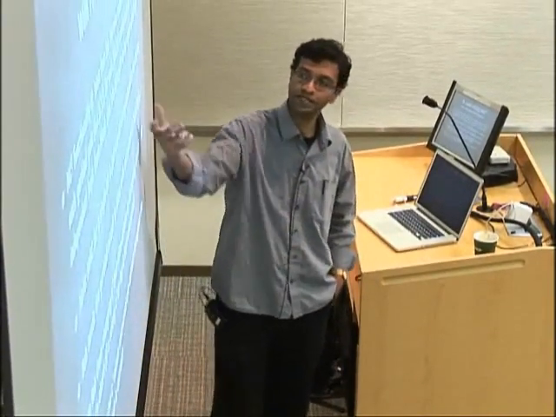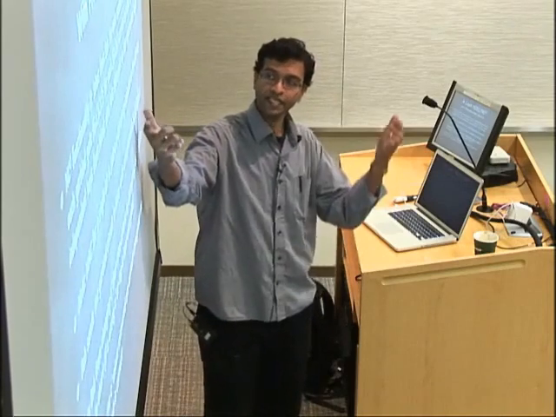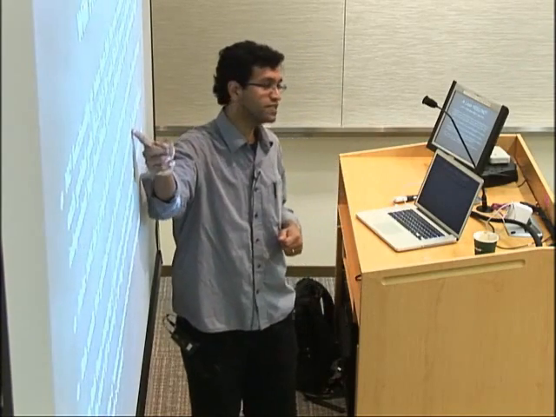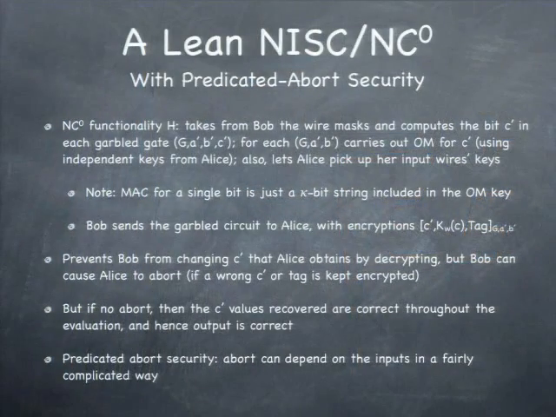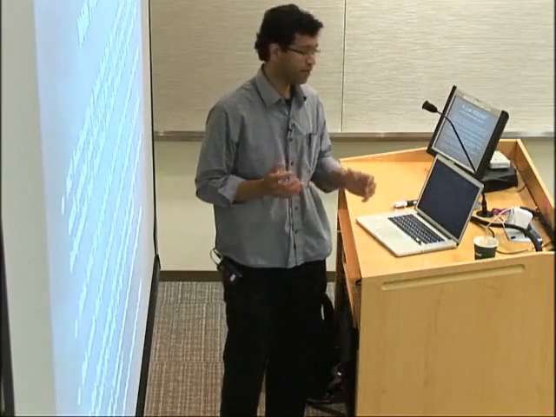When Alice decrypts the garbled circuit and takes this thing out, she has a corresponding receipt, and she will verify the tag and C prime, right? So if she never aborts, then all the wires she evaluated are actually correct throughout the execution. Then the output is correct. But we get only predicated abort security because the abort can depend on the inputs in a fairly complicated way.